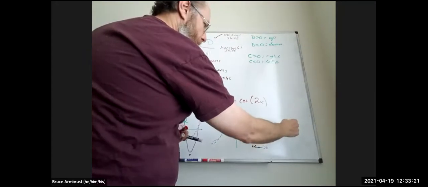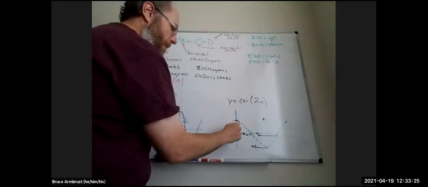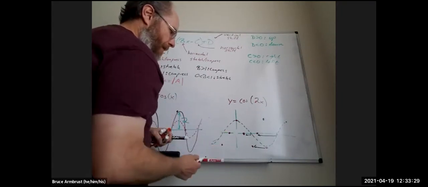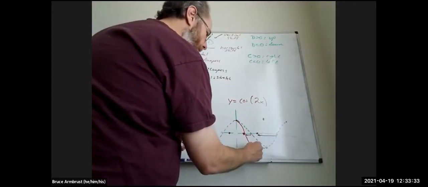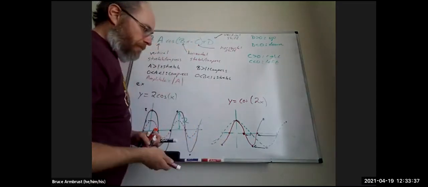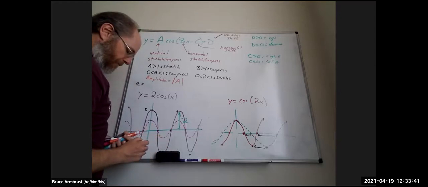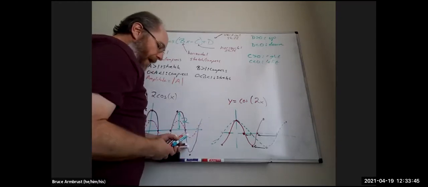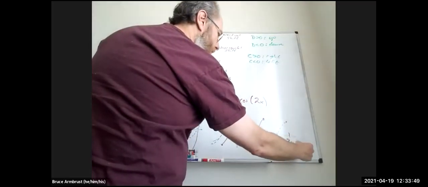So think about that top point comes in halfway there. This one gets brought in halfway, that one gets brought in halfway. And so if I connect the dots now, this is what it looks like. So the x values, let me mark them again. So this was 2 pi.